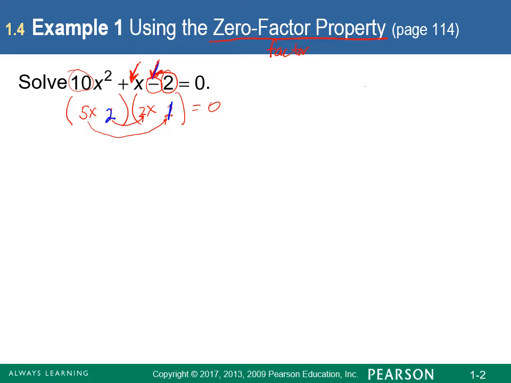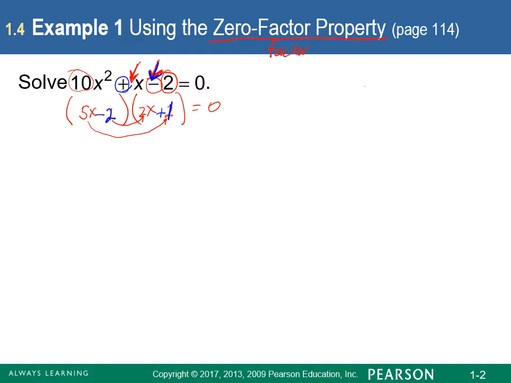The minus sign in this spot tells me I have to have opposite signs in the middle. And the plus says I need a plus on the larger product. The 5 times the 1 is the larger product, so the plus would go there, minus there.